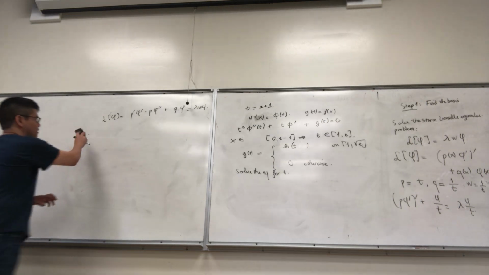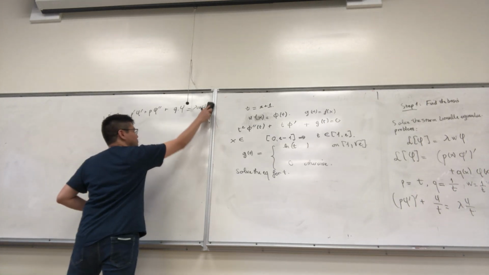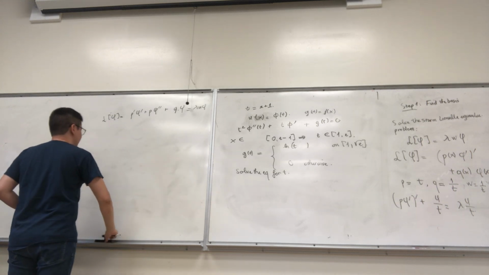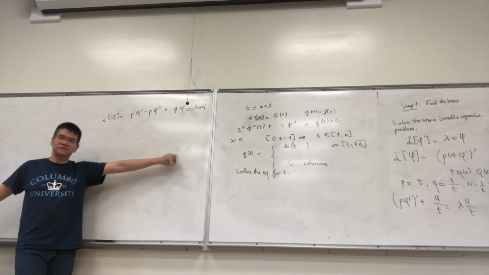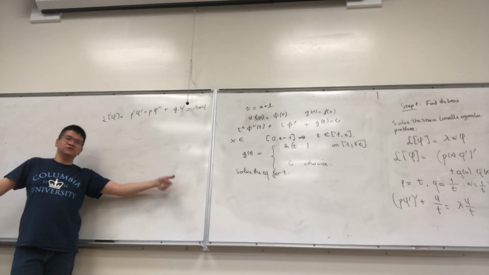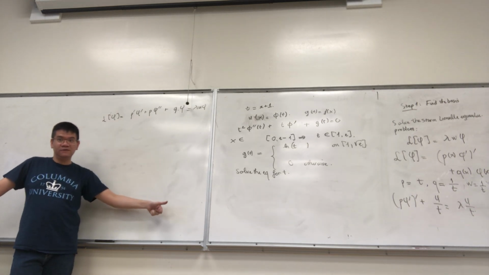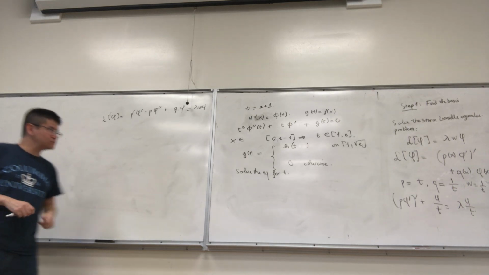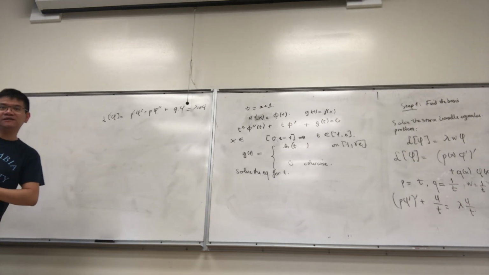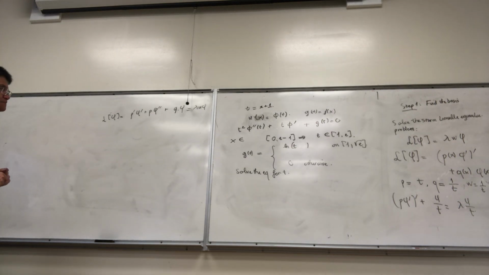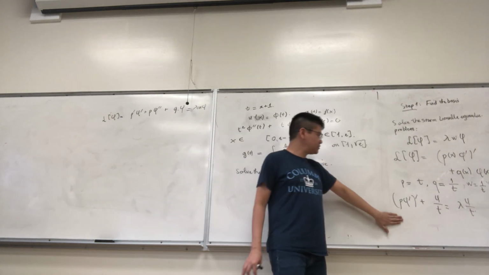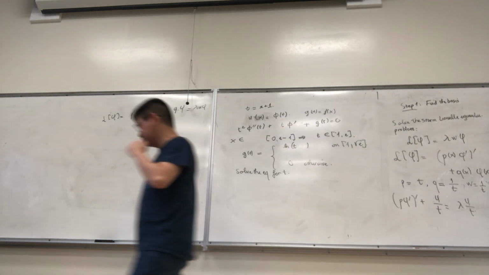So I want to put it under this form, and I want to solve the eigenvalue problem. I just want to focus on this single eigenvalue problem, so that you know how to compute that, right? And then the W is always 1 over t in the exam. So basically, I transform this equation into this basis, all right?